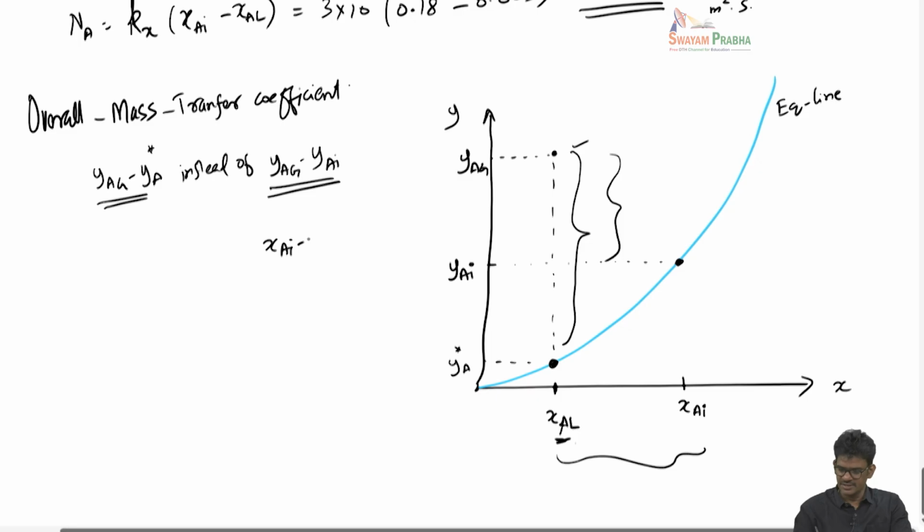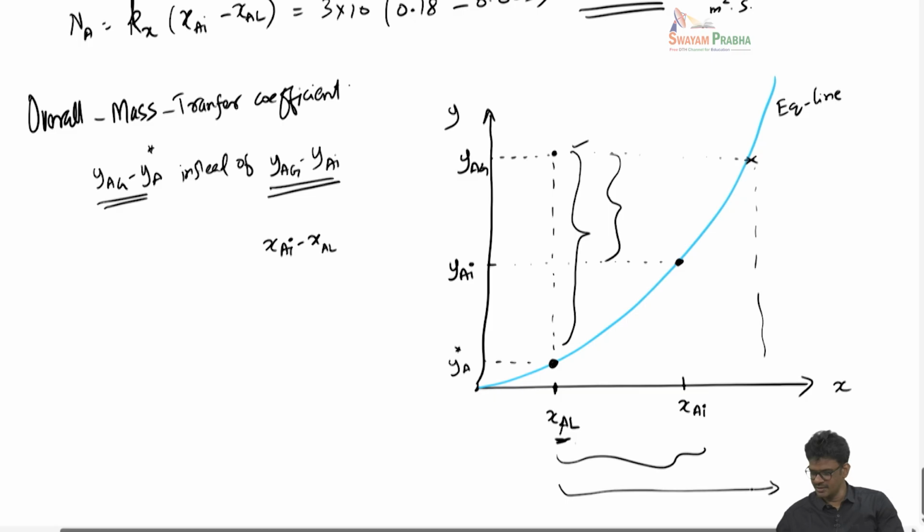Generally, XAI minus XA star, XAL was the driving force when we use the local coefficient. Instead, we could think about finding an equilibrium concentration corresponding to YAG. Then I would be able to use this particular concentration difference.